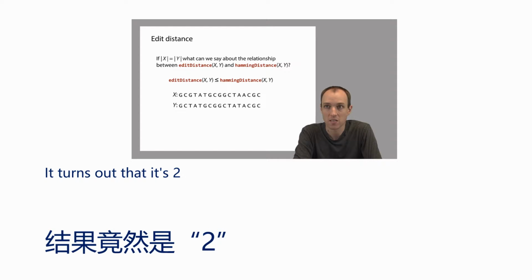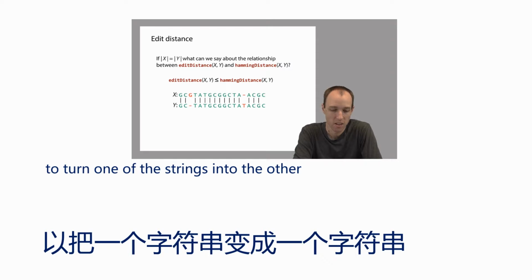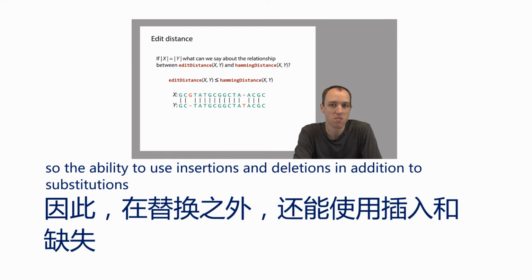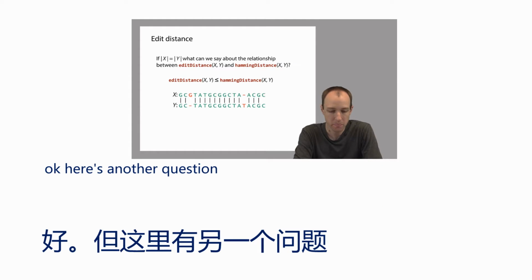It turns out that it's 2, because these two strategically placed insertions and deletions are all that's needed to turn one of the strings into the other. So the ability to use insertions and deletions in addition to substitutions allows us to potentially get from x to y with fewer changes.